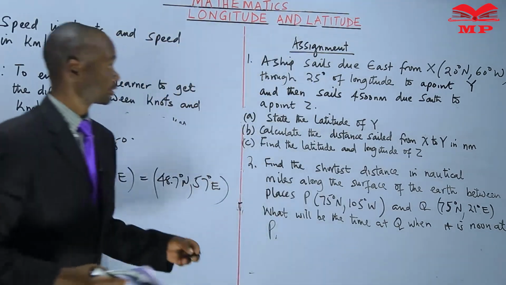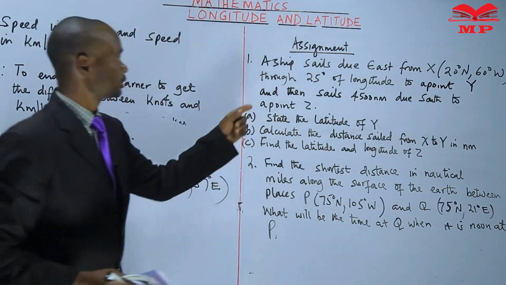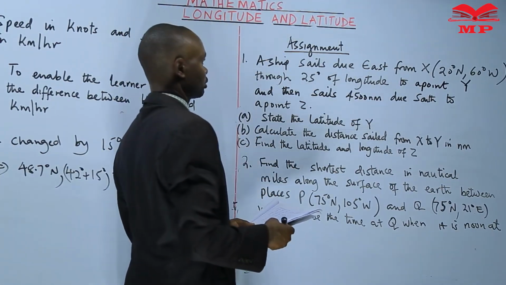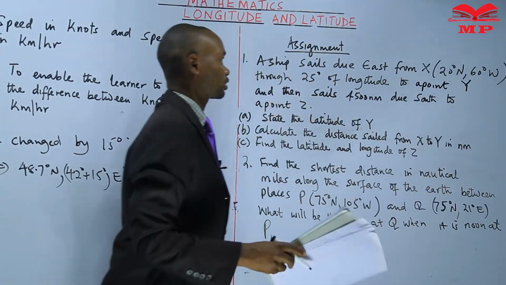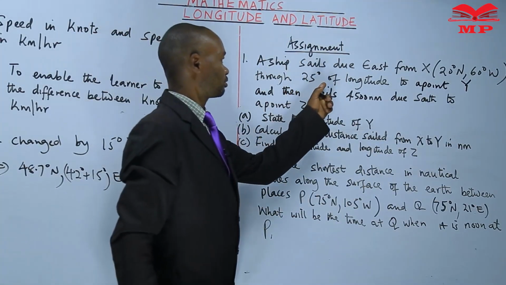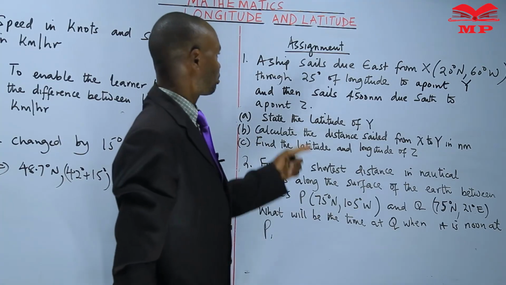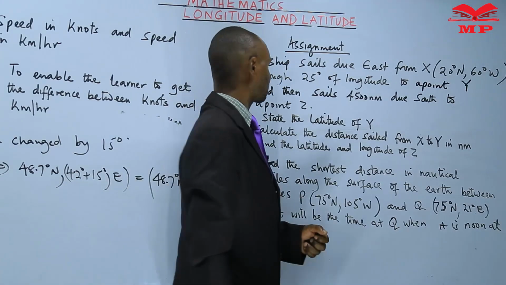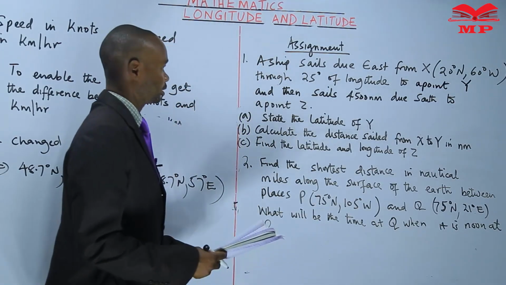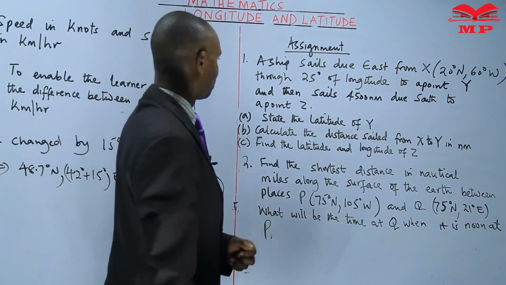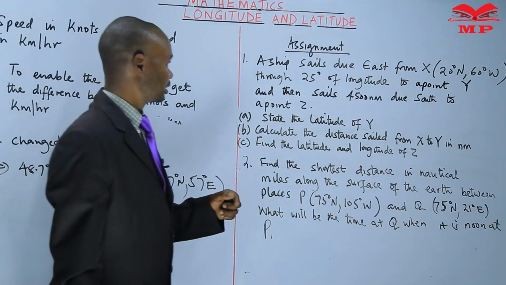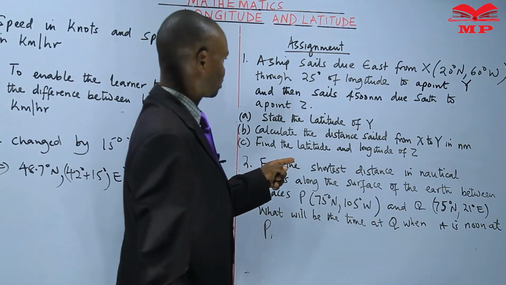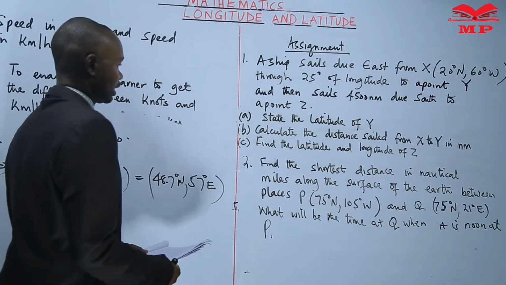So quickly through the questions. 1, a ship sails due east from X, 20 degrees north, 60 degrees west, through 25 degrees of longitude to a point Y, and then sails 4,500 nautical miles due south to a point Z. Find the latitude of Y.